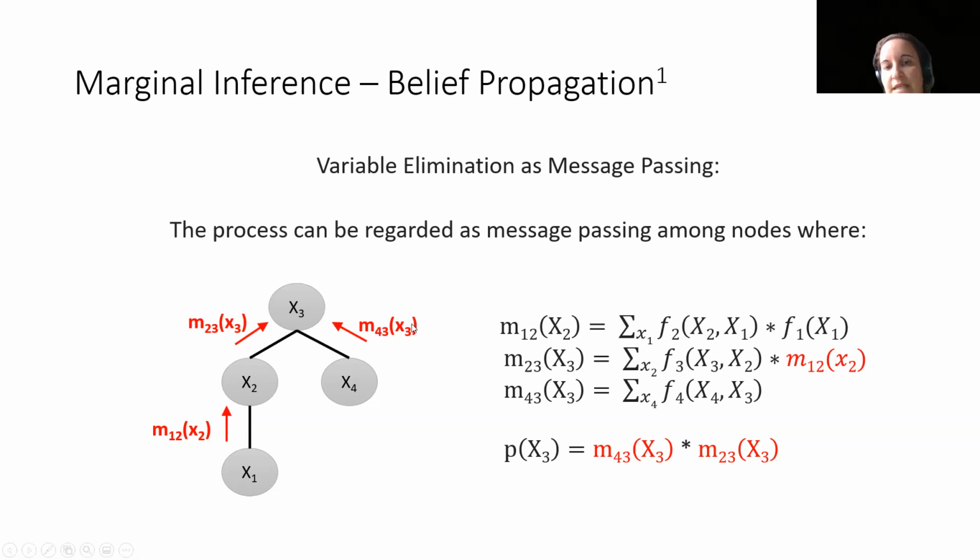And we'll call that m23. And the other one is the part that comes from the other part of the tree, which is x4 and x3, that means every part of the formula that has x4 and x3, and that's going to be f4 of x4, x3, which gives m43. And the final marginal probability is going to be m43 and m23. Okay, does it make sense?